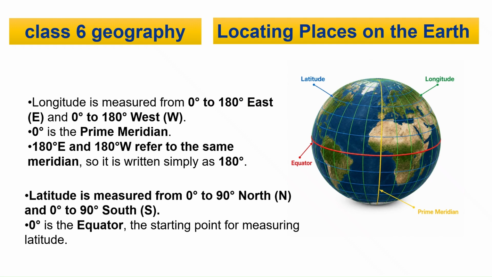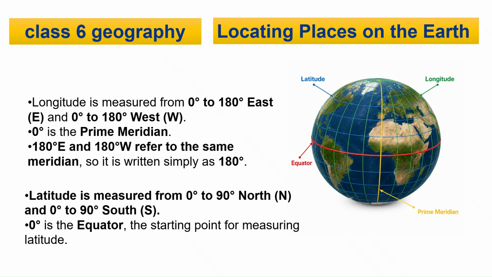So students, now let's revise longitudes and latitudes. Longitude is measured from 0 to 180 east and 0 to 180 west. 0 is the prime meridian. 180 east and 180 west refer to the same meridian, so it is written simply as 180 degree.